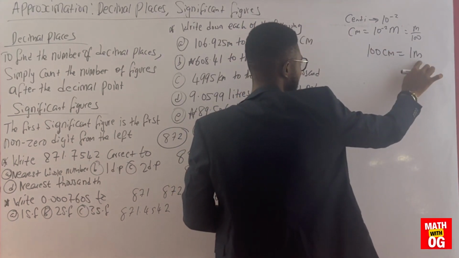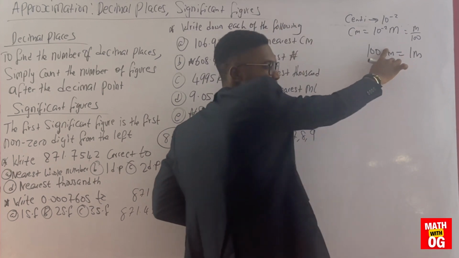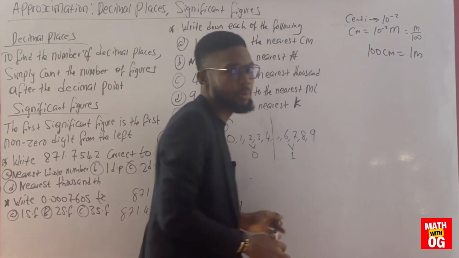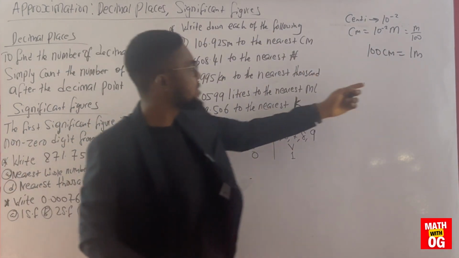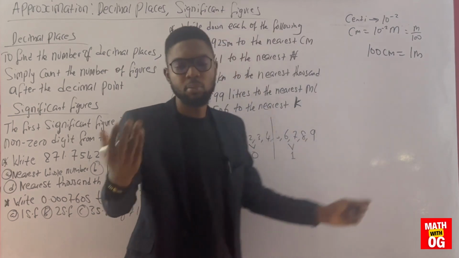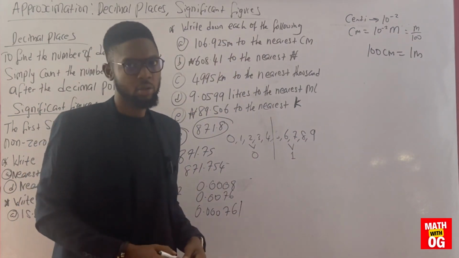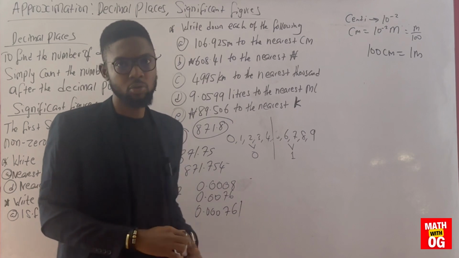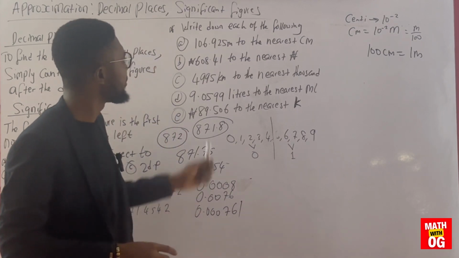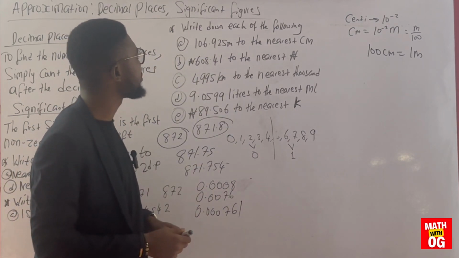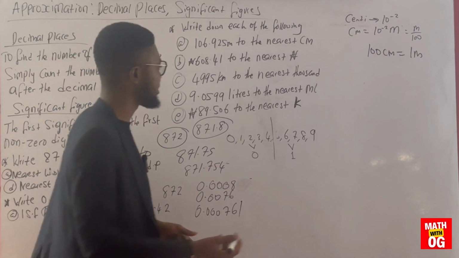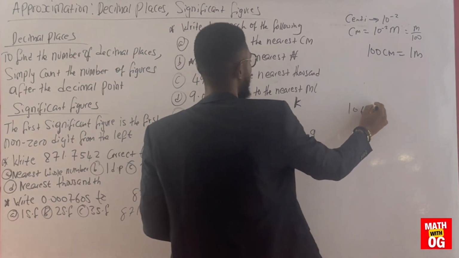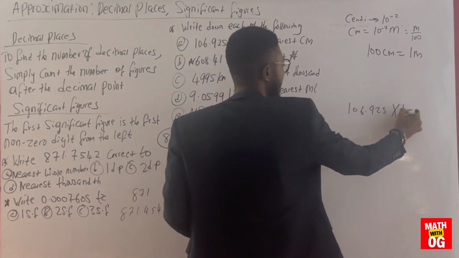Because 100 cm changing to meter, this guy automatically becomes 1 over 100. 100 over 100 automatically becomes 1. Then when you are converting from meters to centimeters, you simply multiply by 100. So that's one of the basics of what we are doing. I believe you can check that out yourself. So changing 106.925 meters to centimeters is simply 106.925 multiplied by 100.